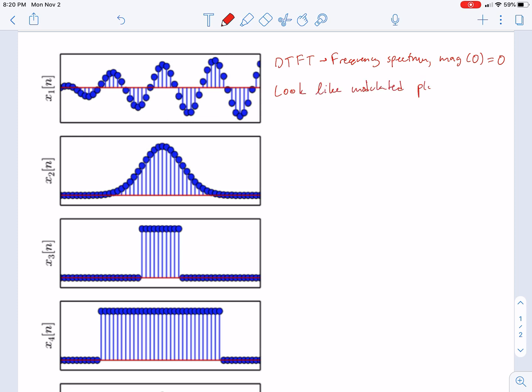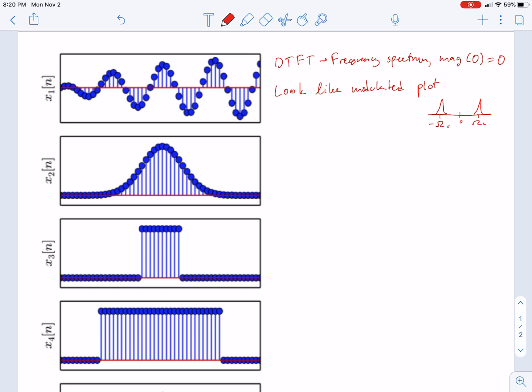And we know that looks like, if this is 0, some peak, mirrored peaks on either side equidistant from 0 at whatever our modulated frequencies were. We don't know what those were, but we do know that the frequency spectrum plot of x1 of n should be 0 at omega equals 0, and it should have these two mirrored peaks because this is essentially a modulated signal.